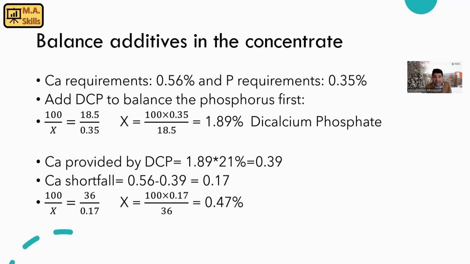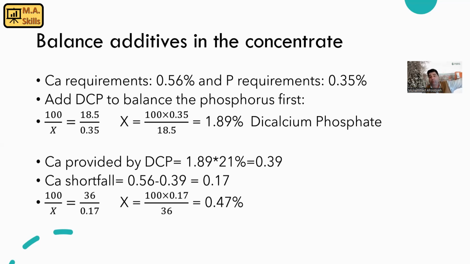So, for example, calcium carbonate can provide only calcium, not phosphorus. But dicalcium phosphate can provide both of them, calcium and phosphorus. So you can see calcium can come from two types of feed additives, can come from DCP, can come from calcium carbonate. So we need to keep that for the second step.